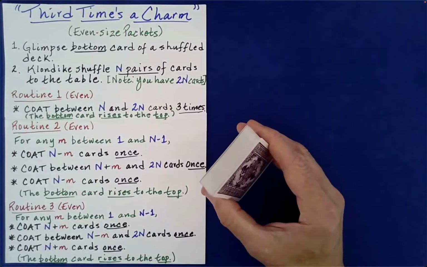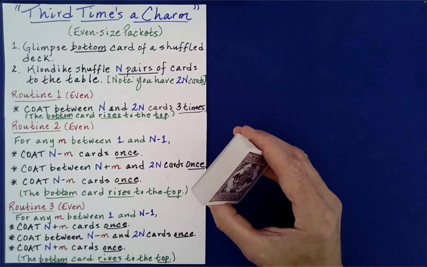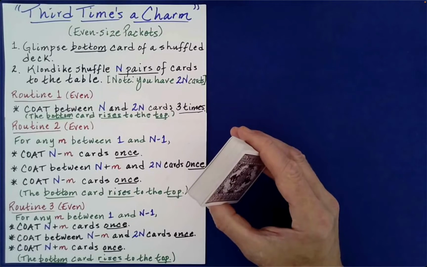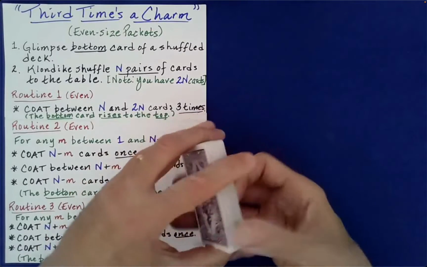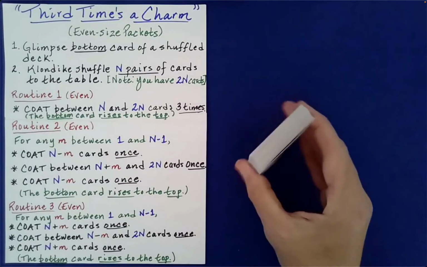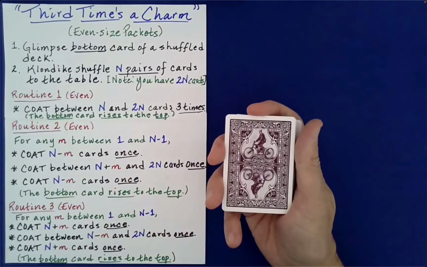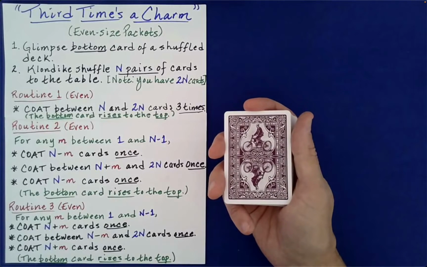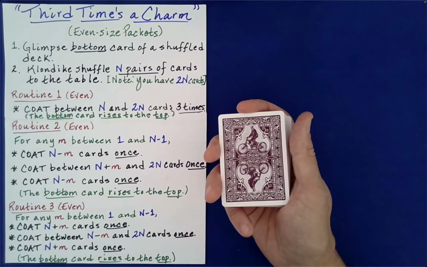You can start with a genuinely shuffled deck, where the spectator is free to shuffle the deck as much as they like. Then you just catch a glimpse of the bottom card. You tap it on the table and get a little glimpse of the bottom card. Or if you would like, you can position a special card at the bottom of the deck without the spectator being aware of it.